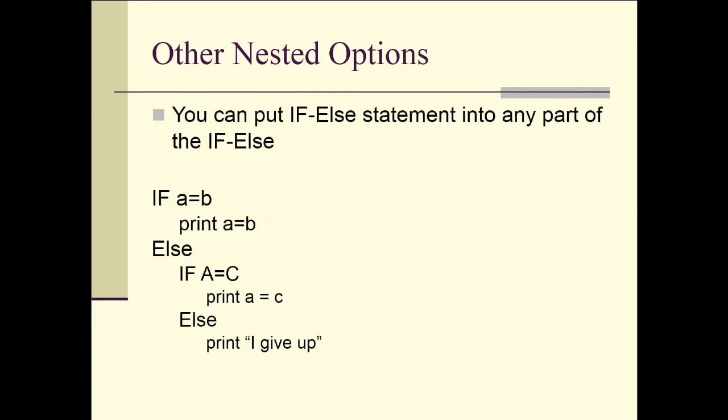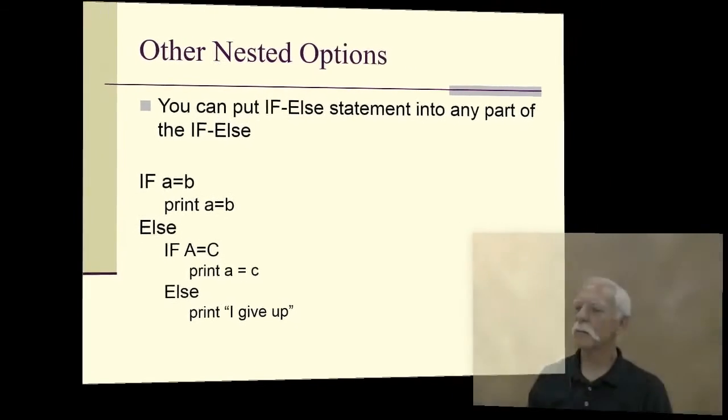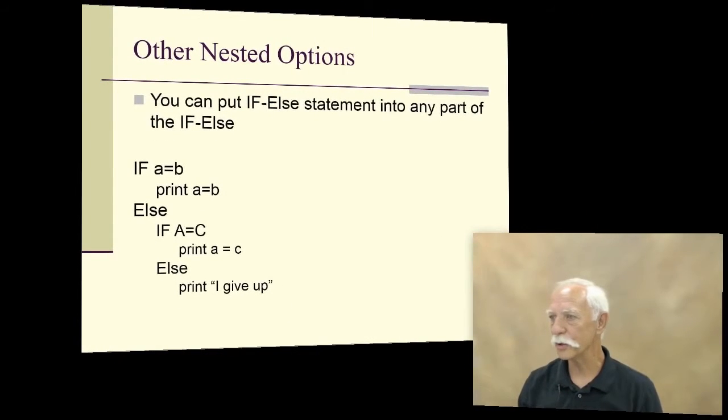You can put the if-else statements pretty much anywhere you want. It can be like the example I just had, or we can have this example where we have the first statement, if A is equal to B, print A is equal to B. If that's not true, then else, and we can now ask another question, and then another question and another question.